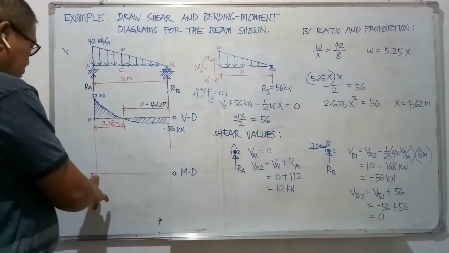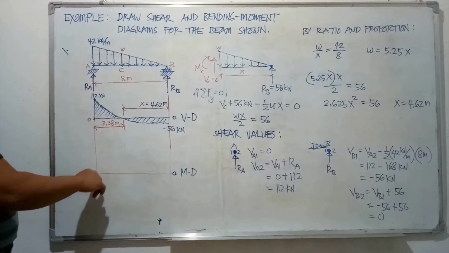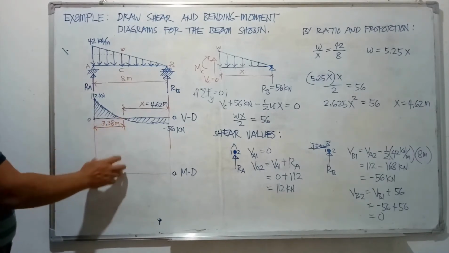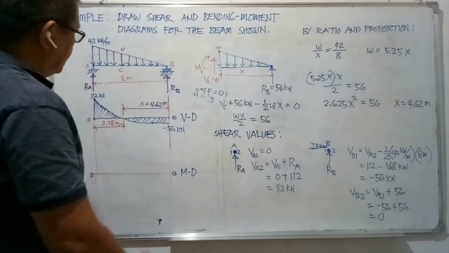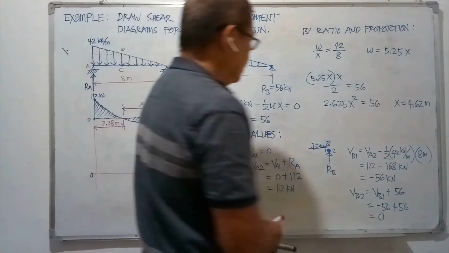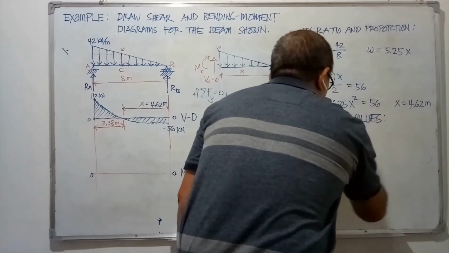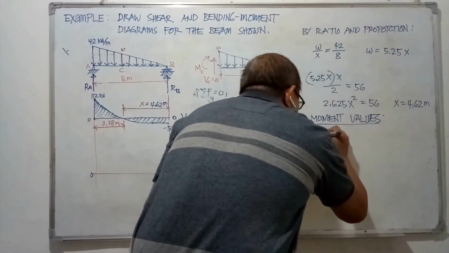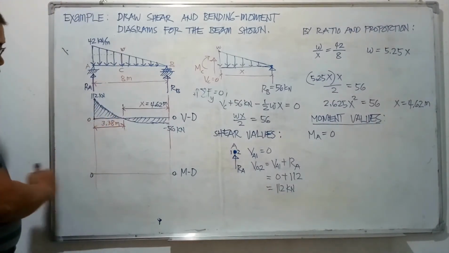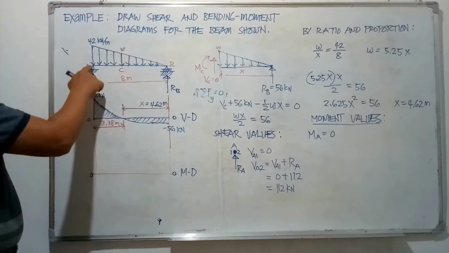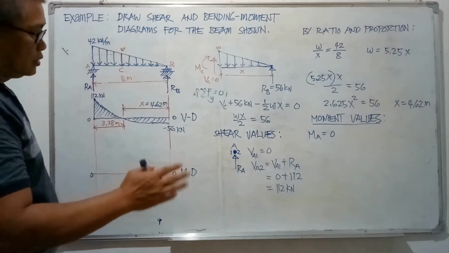The moment at the left support is 0, and then it goes up to a value which is maximum at point C. So moment values seem to be 0 because again there is no shear area before point A, and the fact that a hinge will not carry any moment, so it should start with 0.